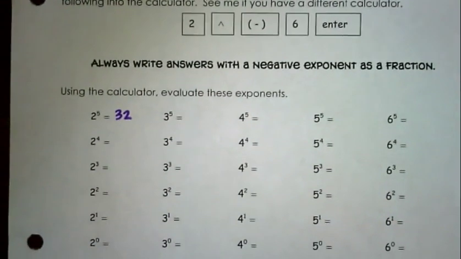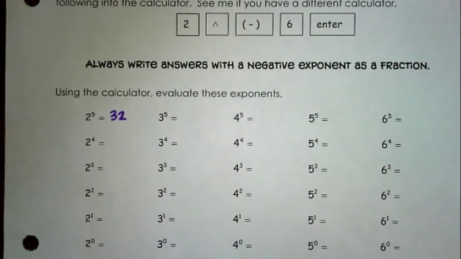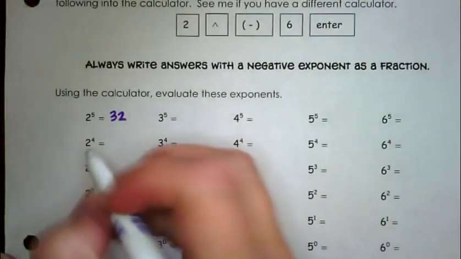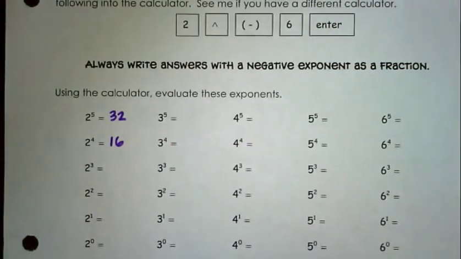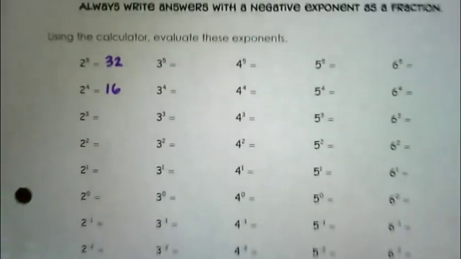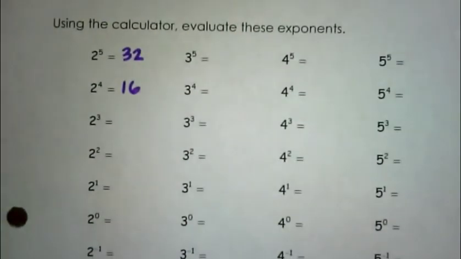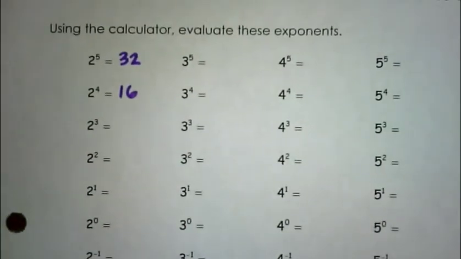All right, so now you want to clear that off your screen, and you're going to enter 2, the exponent button, 4, and hit enter, and you should get 16. All right, then we're just going to keep going. So you want to clear that from your calculator.